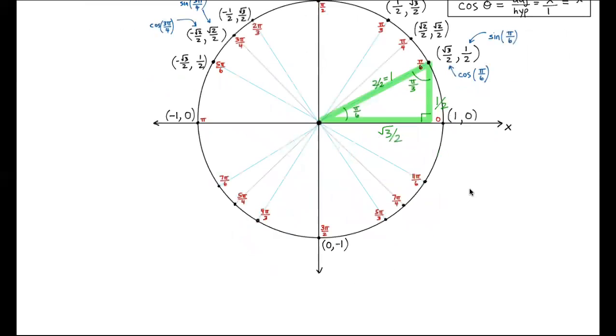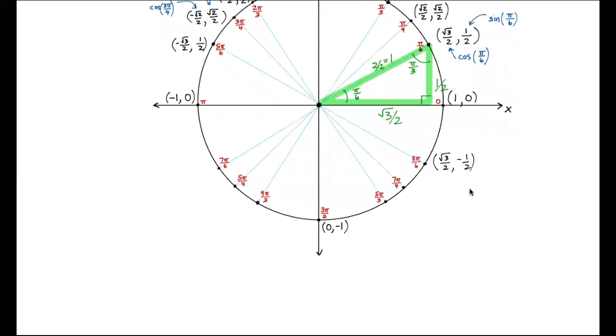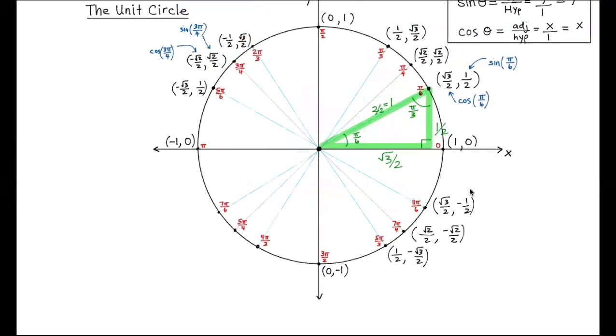So if I write in my values, the x value is the same and the y value is negative: root 2 over 2 and minus root 2 over 2. And last but not least, this will be positive 1/2, negative root 3 over 2. By reflecting points from up there, we can get the new coordinates.